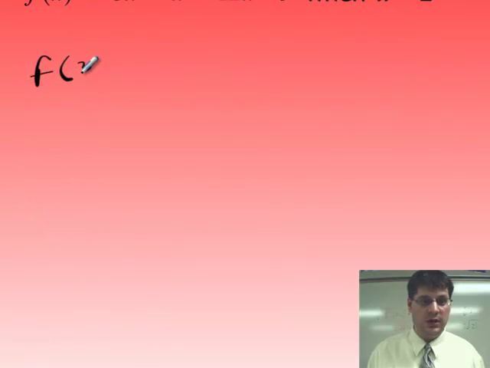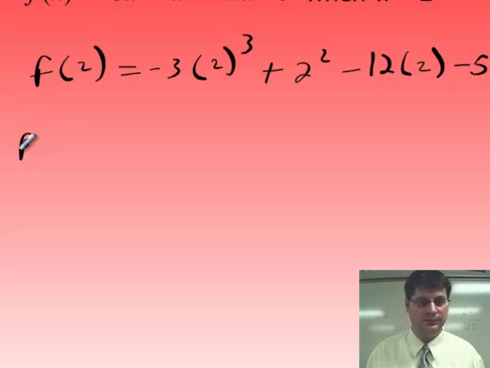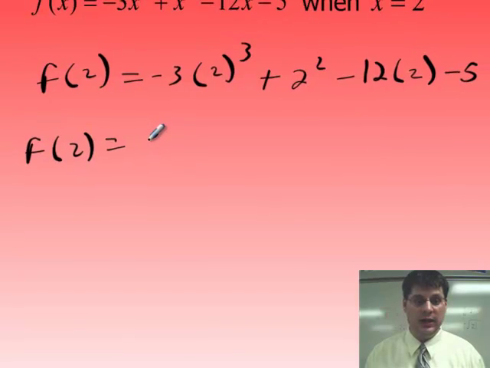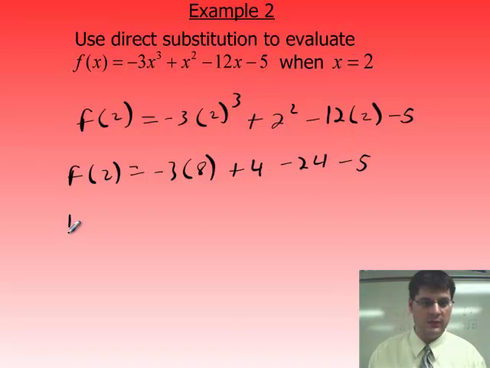So we would say f of 2 is equal to negative 3 times 2 cubed plus 2 squared minus 12 times 2 minus 5. And then we're just going to simplify it. And that's going to be negative 3 times 8 plus 4 minus 24 minus 5.